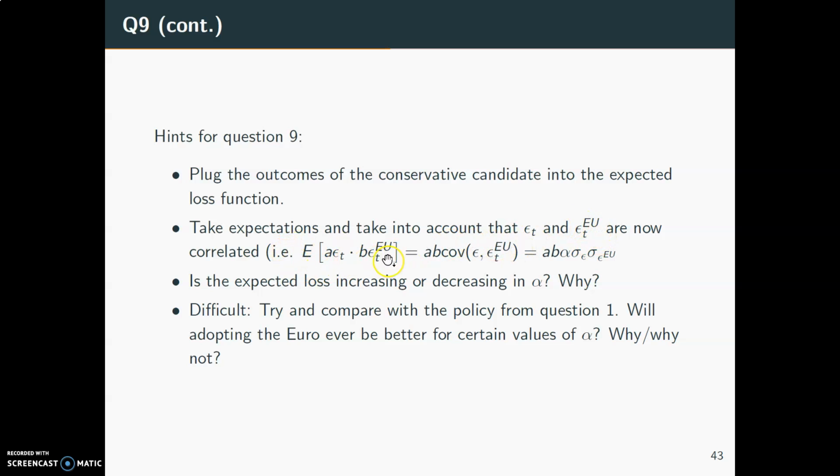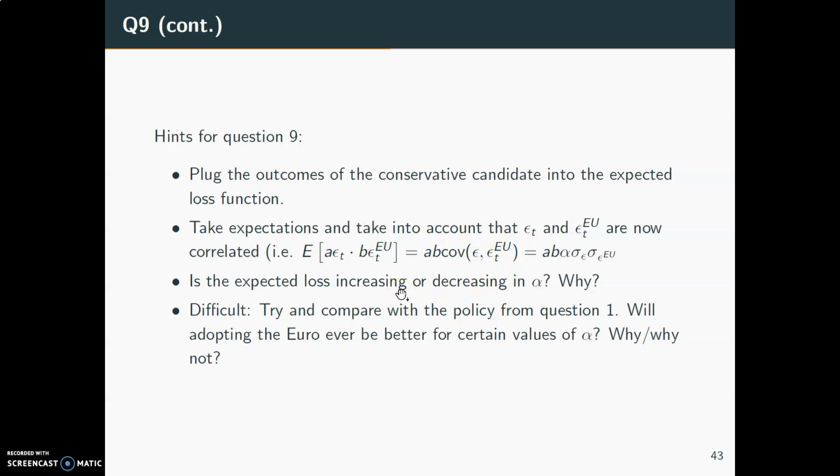Then you use the following rule here. There should be an end parenthesis here, but you should take into account that this term is not necessarily zero. That's what we had before, because when these two types of shocks were uncorrelated, the expectation of the two shocks multiplied onto each other would just be zero. Now they're not, and you can use the following formula here.